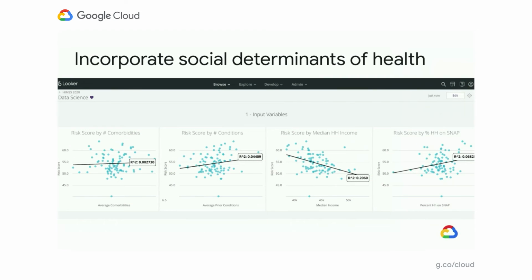And so finally, these are some of the demonstration of the correlations between the risk score and some of the social determinant data. In these examples, household income data and SNAP enrollment data.